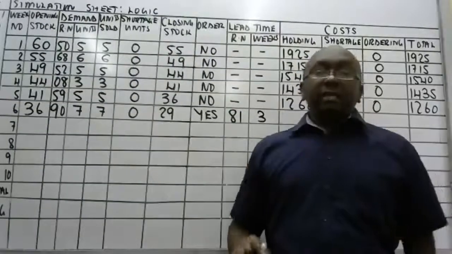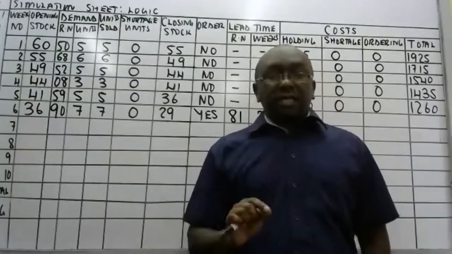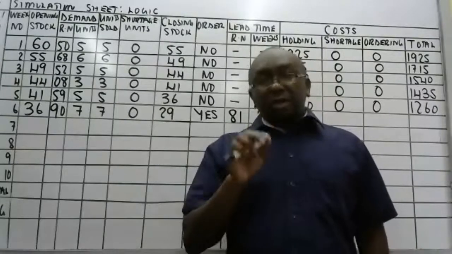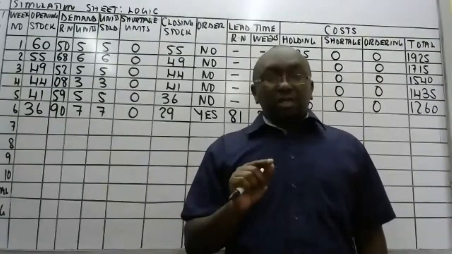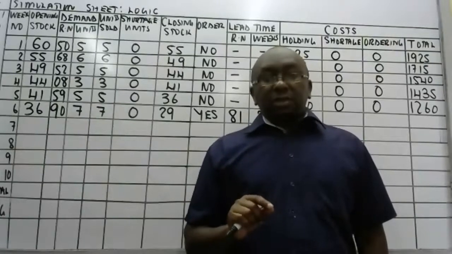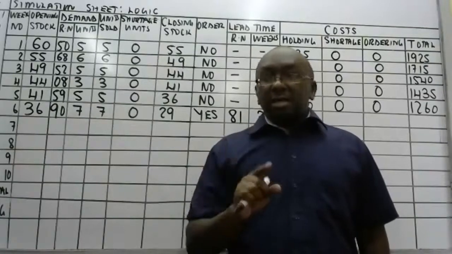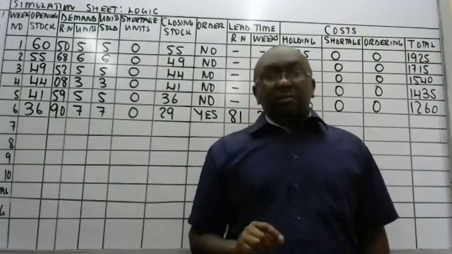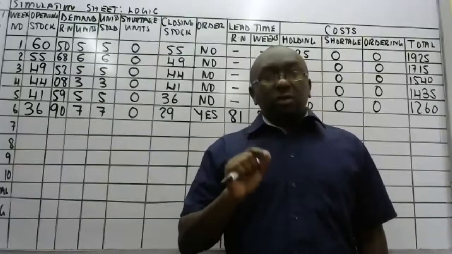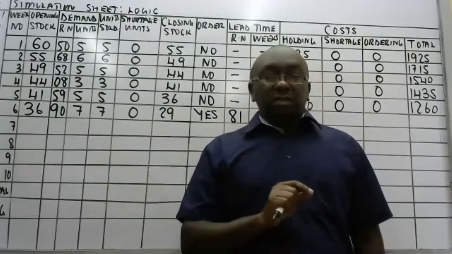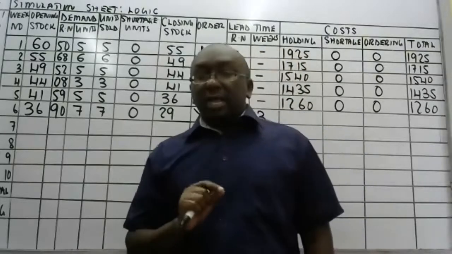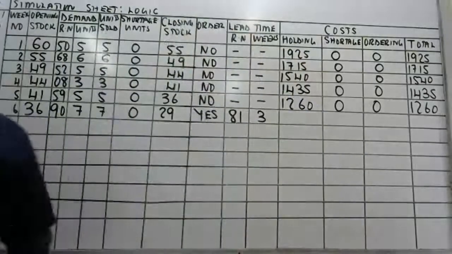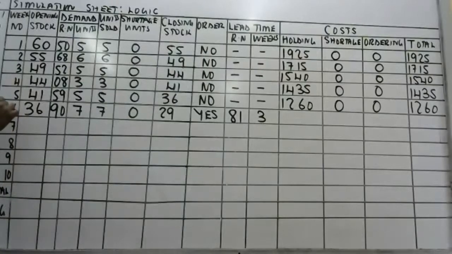Read time is the period that lapses from the point of placing the order to the point you receive it. So when we have 3, it means that 3 good weeks must lapse before we receive the goods. This is how you count. From the week you have said yes, nasema 1, 2, 3.